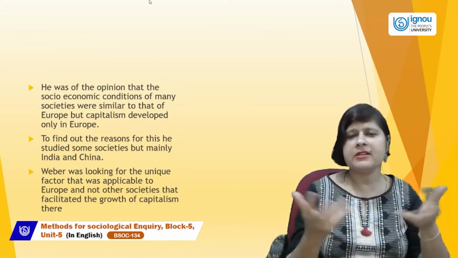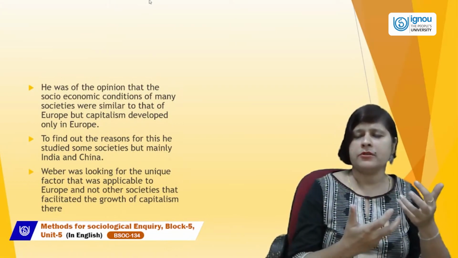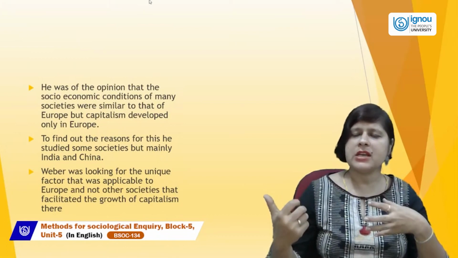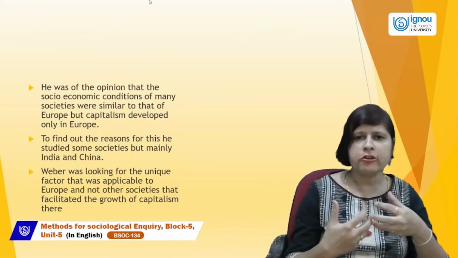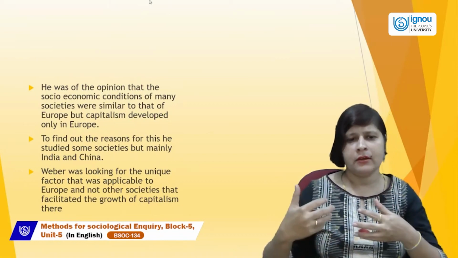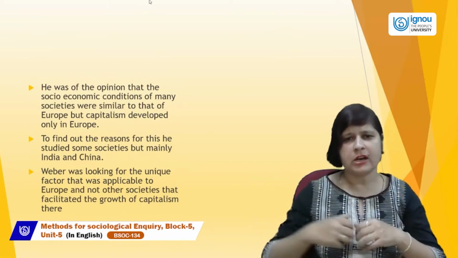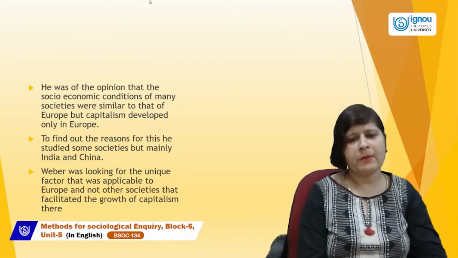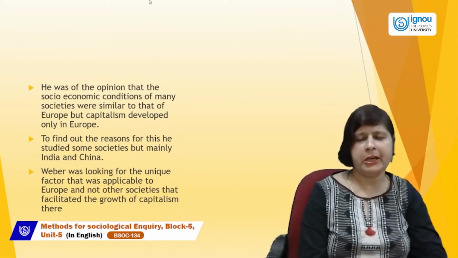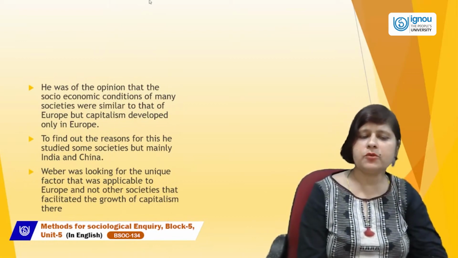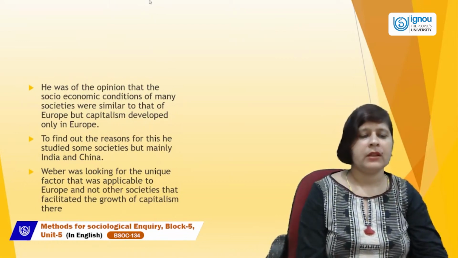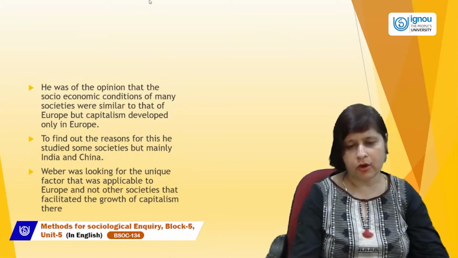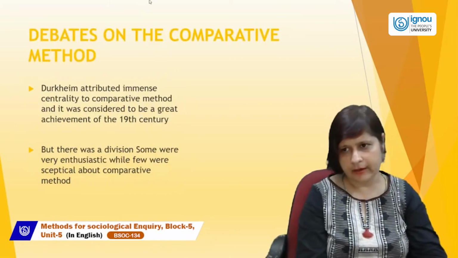And then he compared societies like Western society, Indian society, and Chinese society, and concluded why capitalism started from Europe. Weber was looking for a unique factor that was applicable to Europe and not to other societies that facilitated the growth of capitalism there, right?